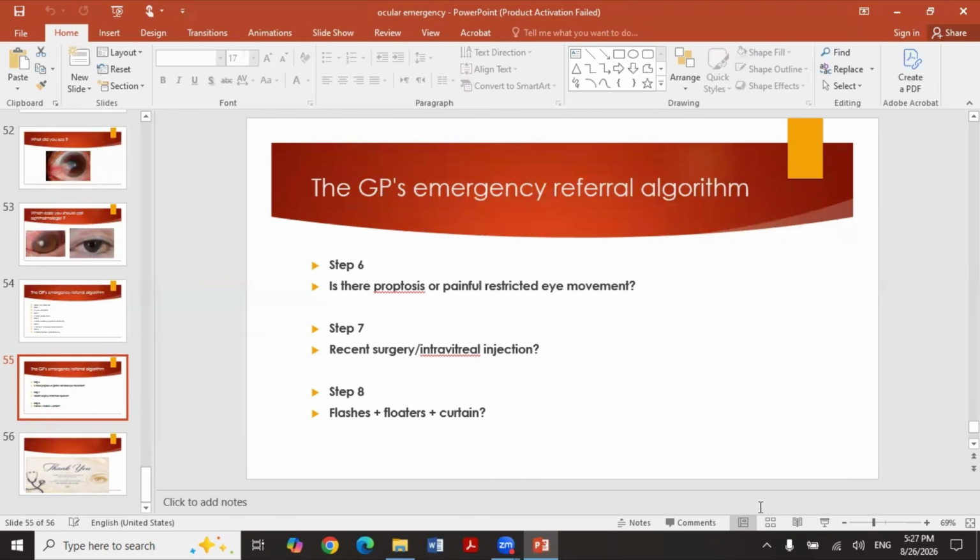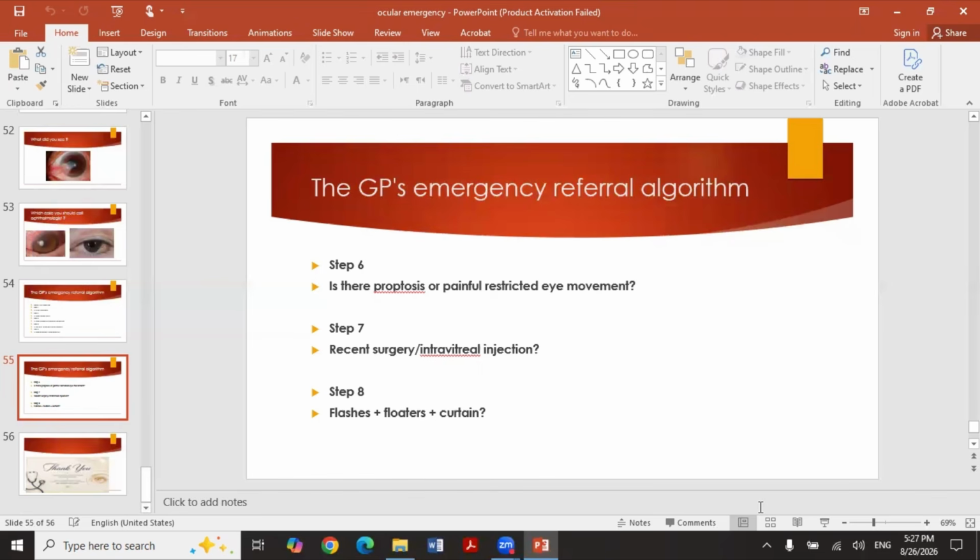Everyone has these physiological changes in the vitreous. The vitreous undergoes syneresis and liquefies, then it comes down to the bottom of the eye, and the eye makes a new vitreous. So everyone has floaters. This is a normal physiological change. But if floaters come with flashes of light, and the flashes are continuous and don't stop, this is an emergency. Or floaters with a curtain-like appearance, this is an emergency.